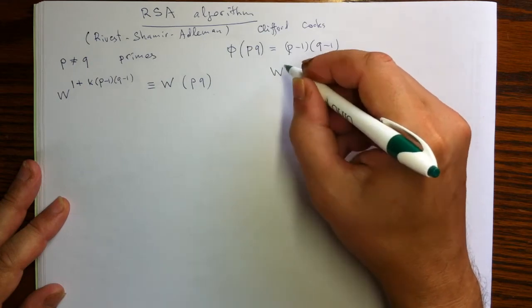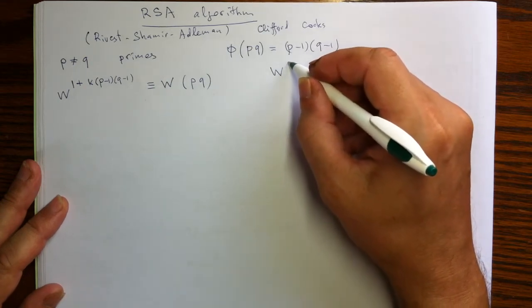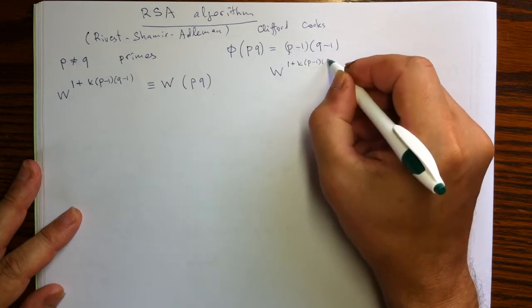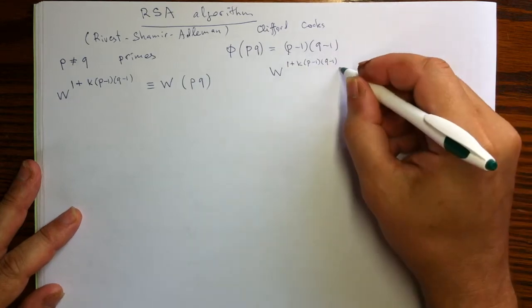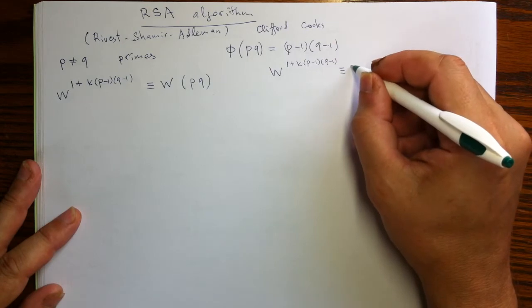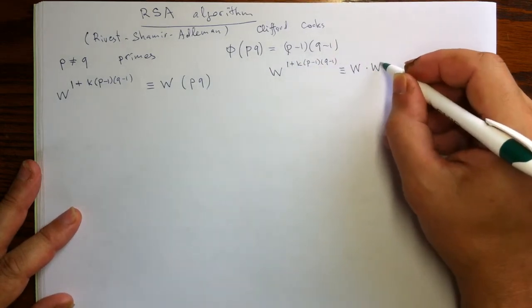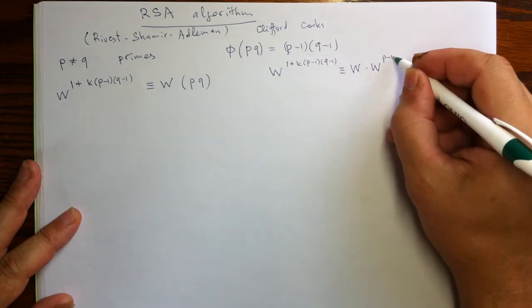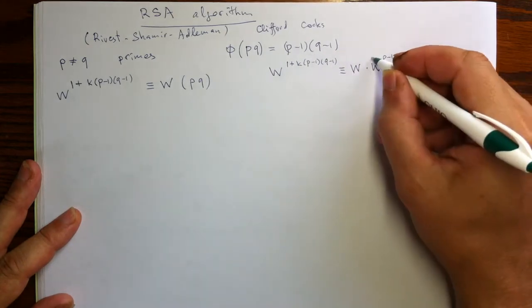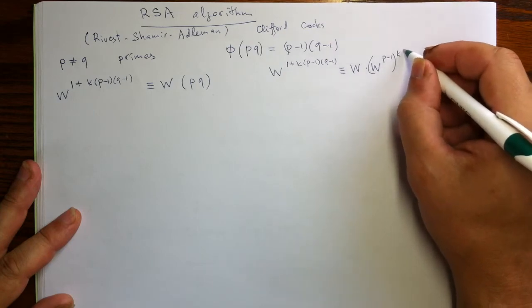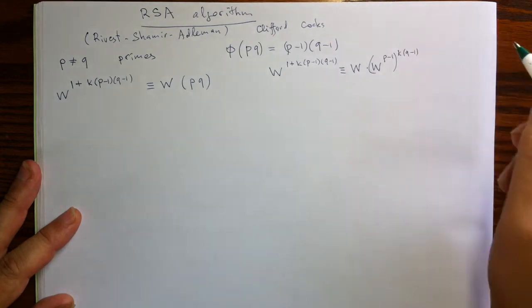So if we look at what happens modulo P with this power, it can be written as W to the first power times W to the power P minus 1. I will single out this and use it as a first exponent, and then I will put everything which is left.